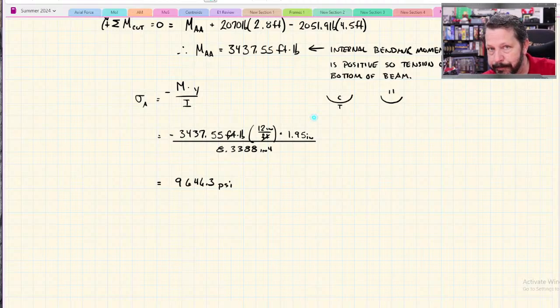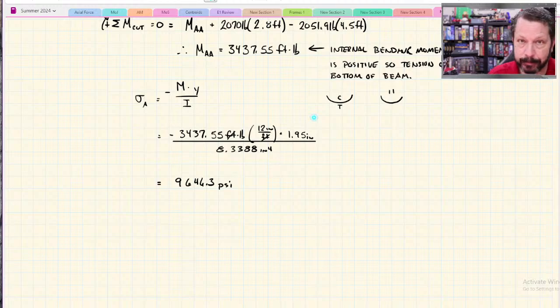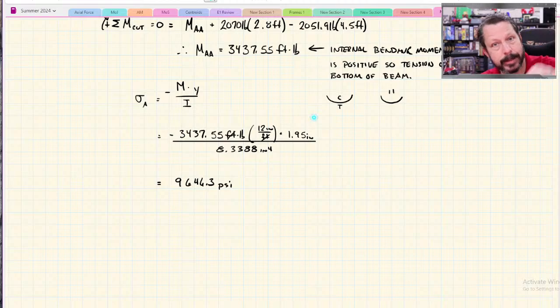So normally, that is the distance from the centroid of the part to the neutral axis of the entire shape. But it could be that a problem is just saying, calculate the moment of inertia about this random axis I gave you. In that case, y is the distance from the centroid of the part you're working on to that random axis.